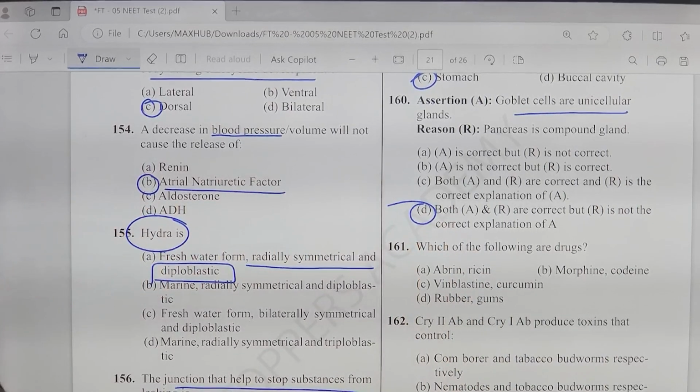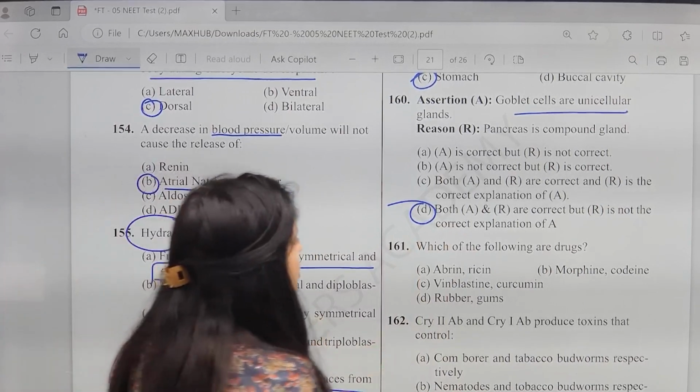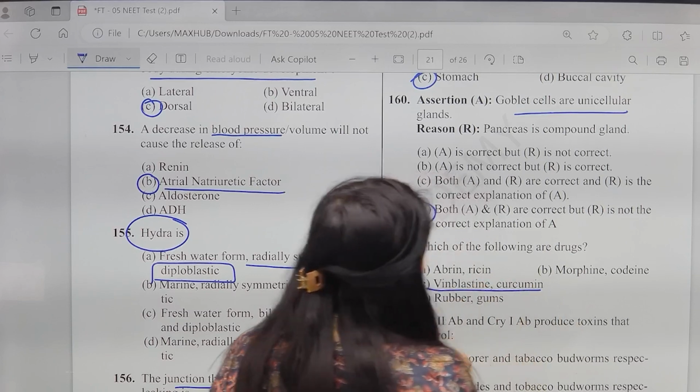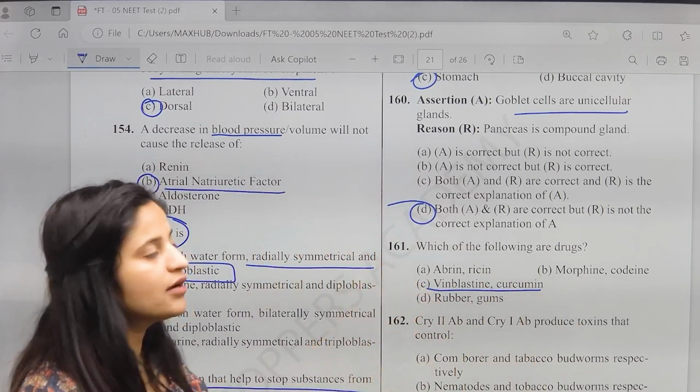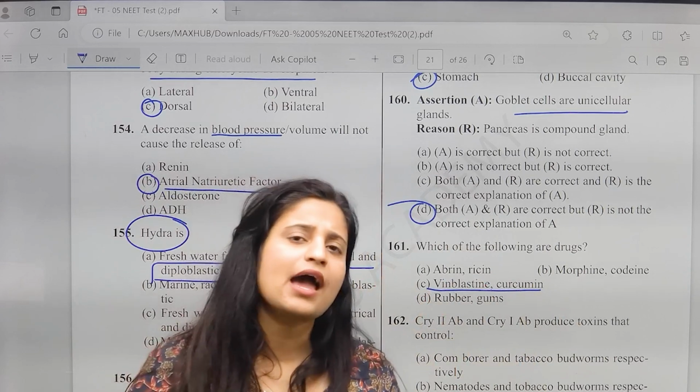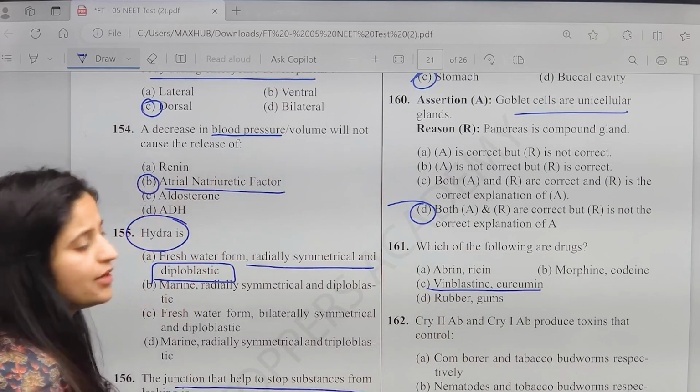Which of the following are drugs? Very simple: vinblastine and curcumin. Vinblastine is used to treat cancer patients, and curcumin, from turmeric, has anti-inflammatory properties.